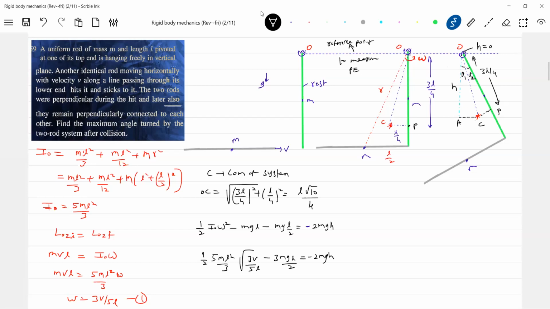Sir, why did you take root? Omega square, no? Oh, wait. Half into I naught is how much? 5 ml square by 3. Omega square will be, we have to get the value of H, no?